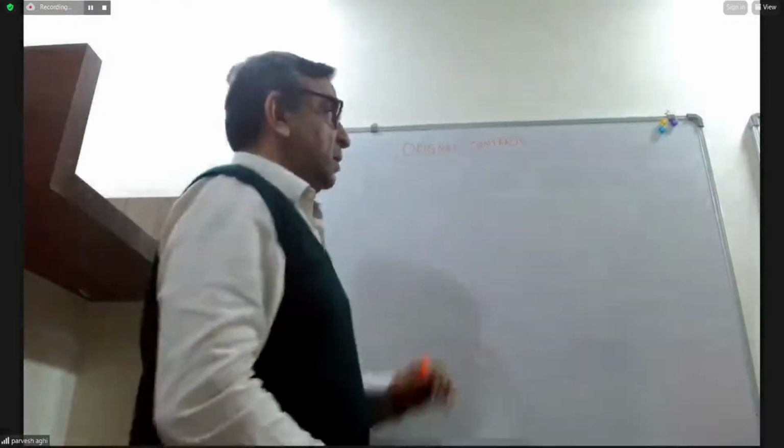Hope you can see me on the board. Let me just check whether whatever I'm writing is visible. Yeah, I think it is quite visible. So let me just go back to the question.